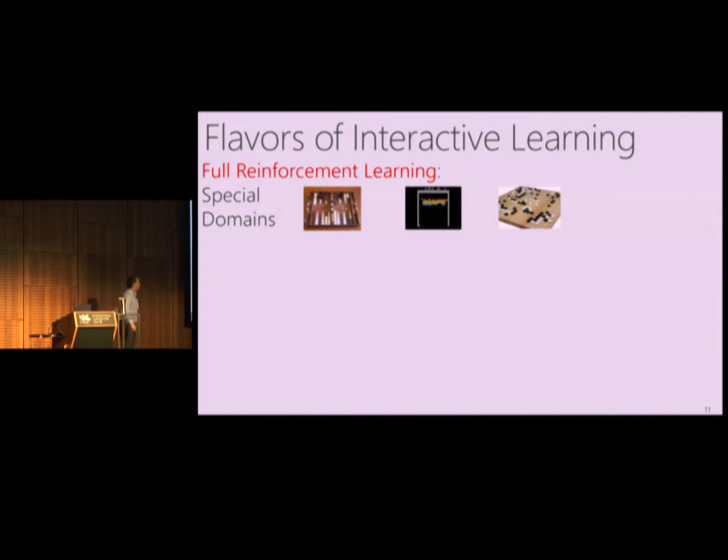So the thing which is interesting about full-on reinforcement learning is that first of all, it has been used to solve some really fun things. So there's a lot of games that have been addressed effectively with full reinforcement learning. One thing that's important, though, is that you really need to have a special domain, and you really need to have a very large sample complexity to solve things with full-on reinforcement learning.